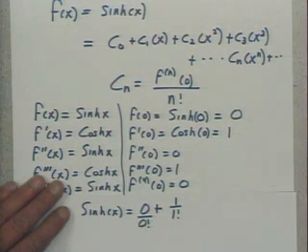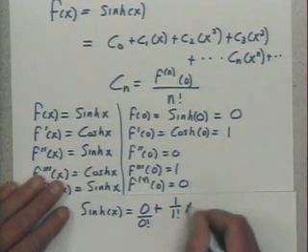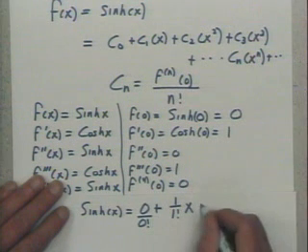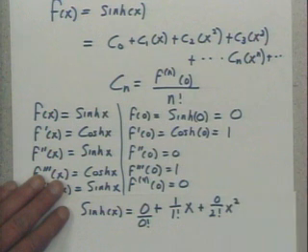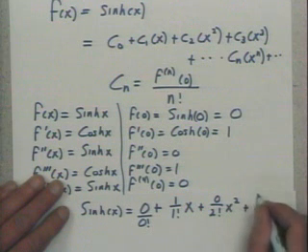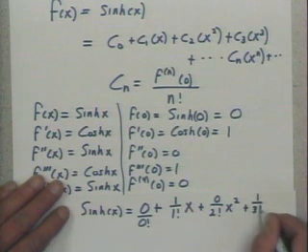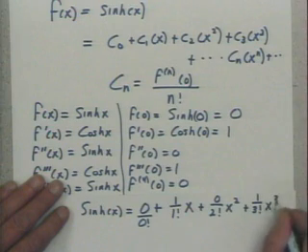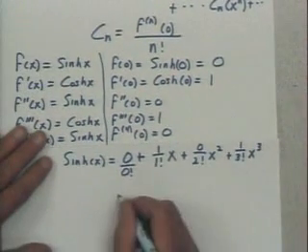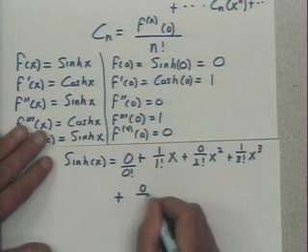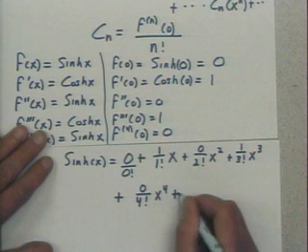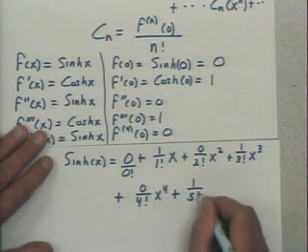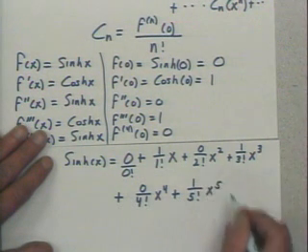Actually, that's the way it is in general. And then the x starts, right? But the next one is 0 over 2 factorial, and then it's x squared. The next one would be 1 again, but that's over 3 factorial, and that would be x cubed. The next one would be 0 again, but that would be over 4 factorial, x to the 4th, and so on. 1 over 5 factorial, x to the 5th.